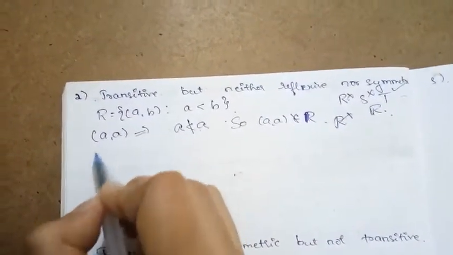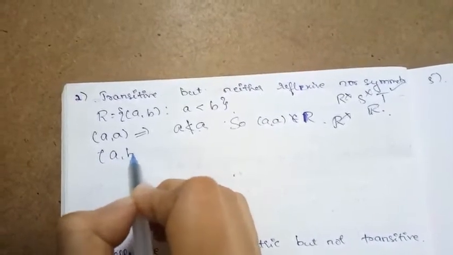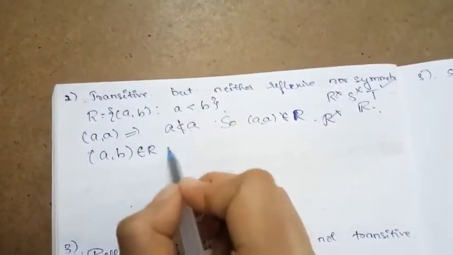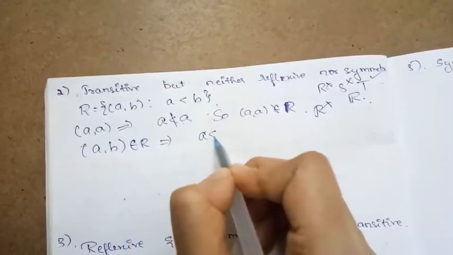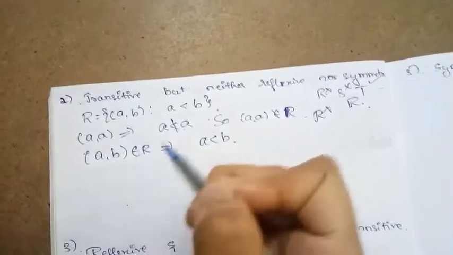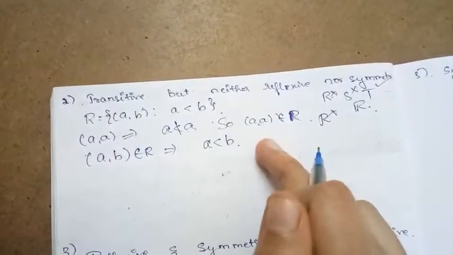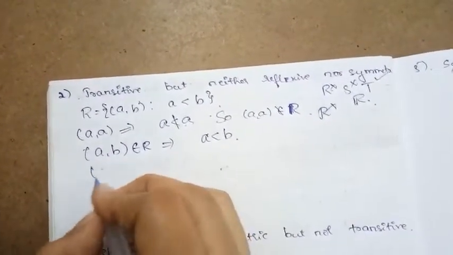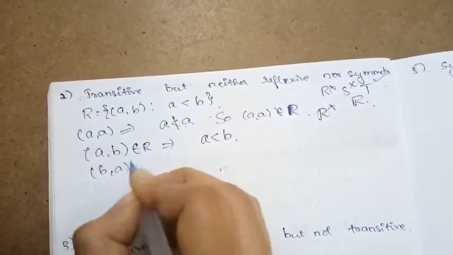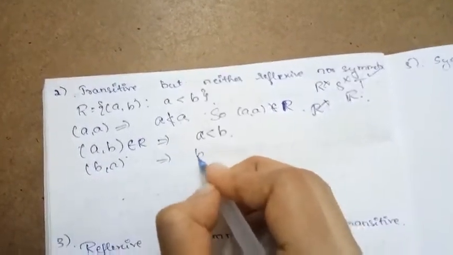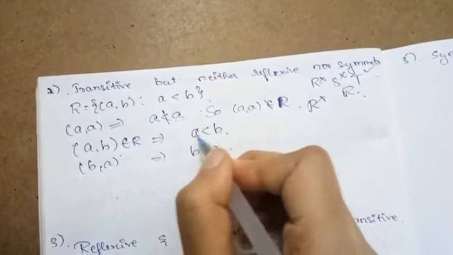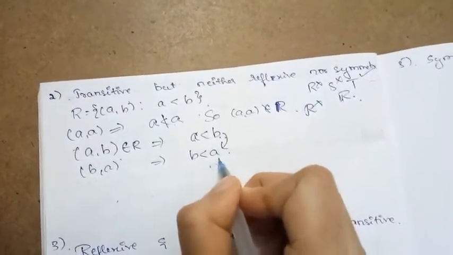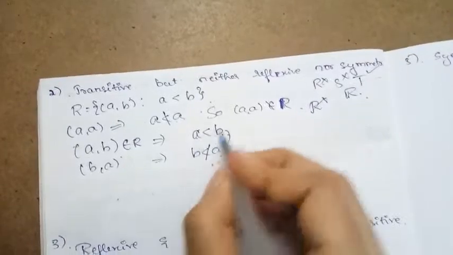To check whether it is symmetric, suppose I take any two numbers (a, b) belonging to this relation, which implies a is less than b. To be symmetric, (b, a) should also belong to R. If I take (b, a), it says b is less than a. If a is strictly less than b, then b cannot be strictly less than a, because that is not at all possible.